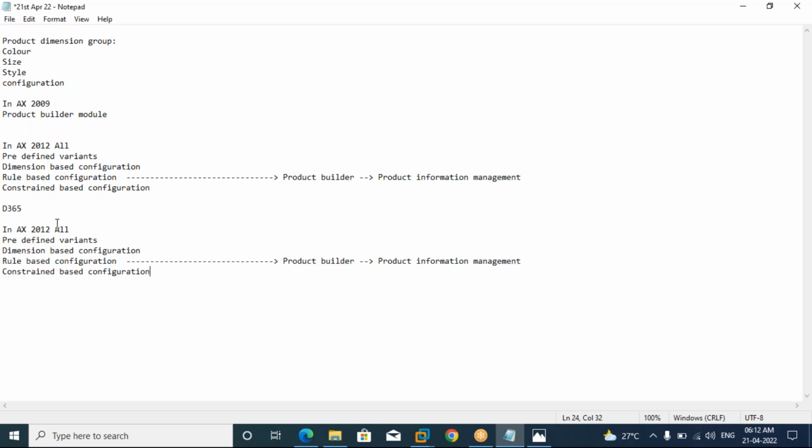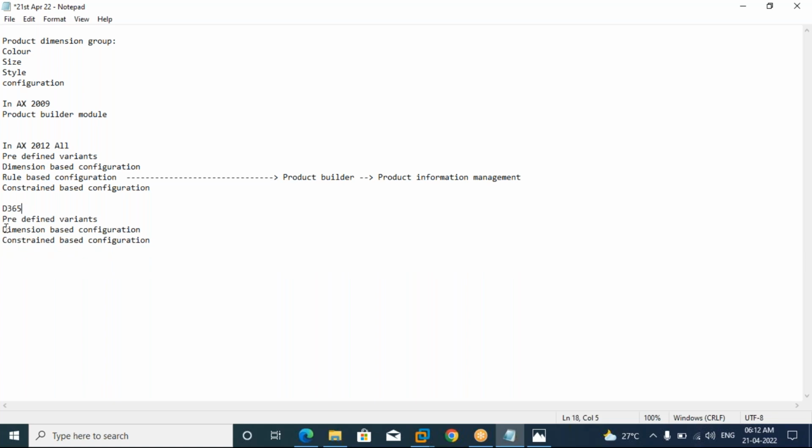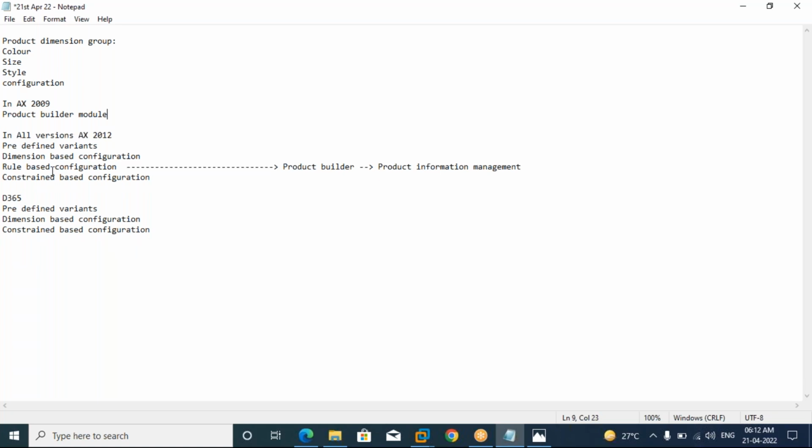So in D365 you will find only 3. Clear now? Any questions in this area?